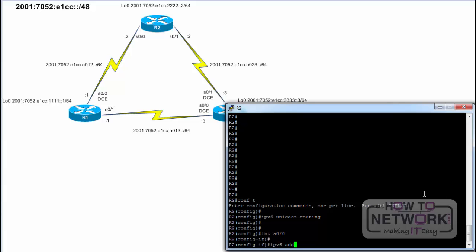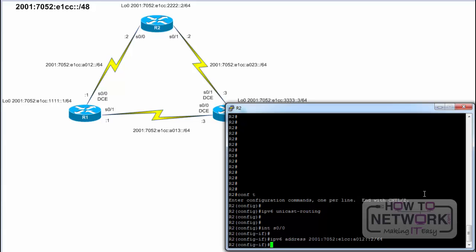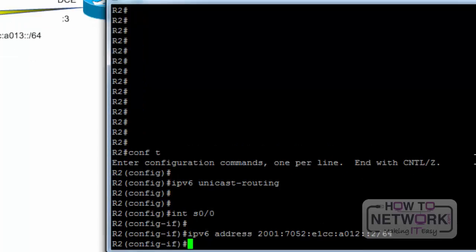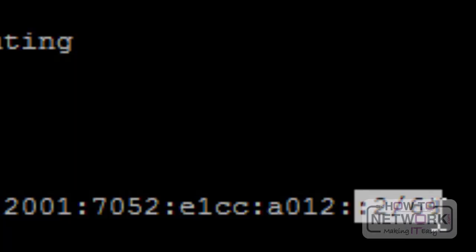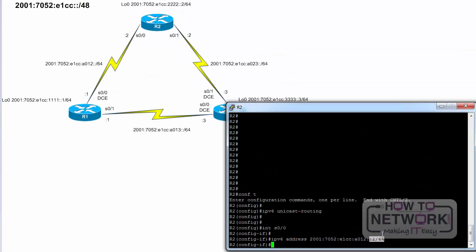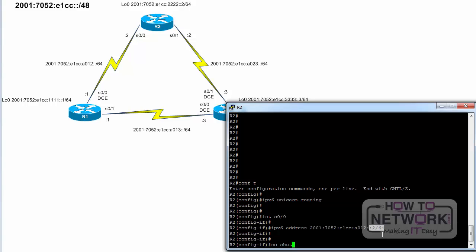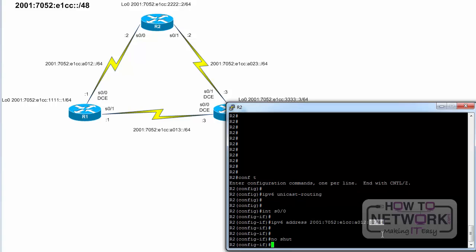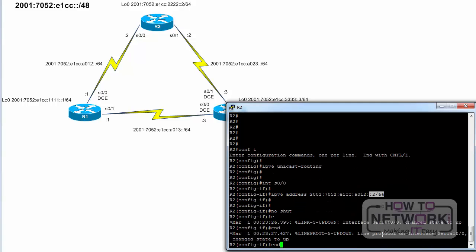IPv6 address 2001:7052:E1CC:A012::2/64. When configuring an IPv6 address in Cisco IOS, there is not a space between the IPv6 address and the prefix length. No shutdown. End.